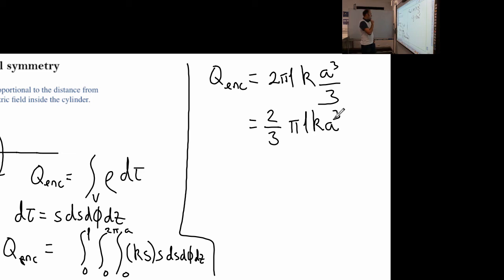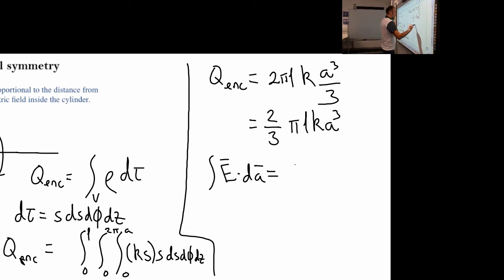Now, symmetry dictates that the electric field is going to be pointing radially outwards. So for the curved part of our Gaussian surface, the integral of E dot dA is going to be equal to what we've just calculated. We know it's pointing radially outwards, so the magnitude of the electric field is constant over the surface.